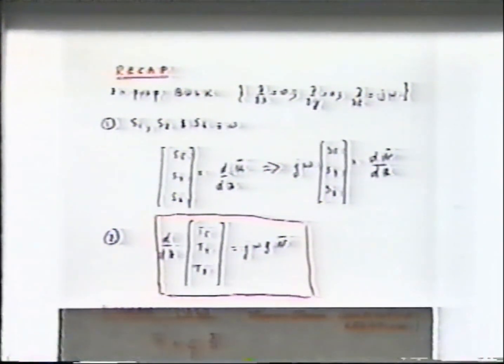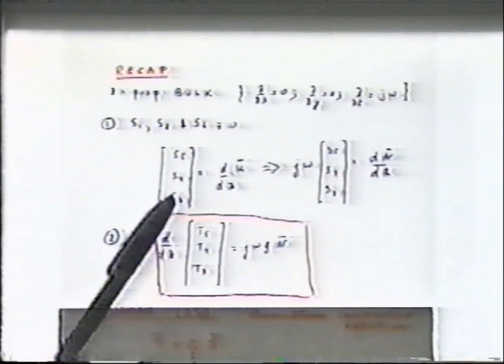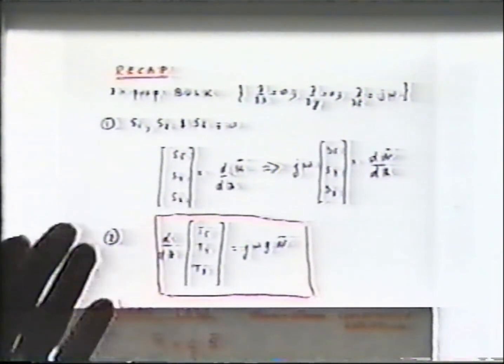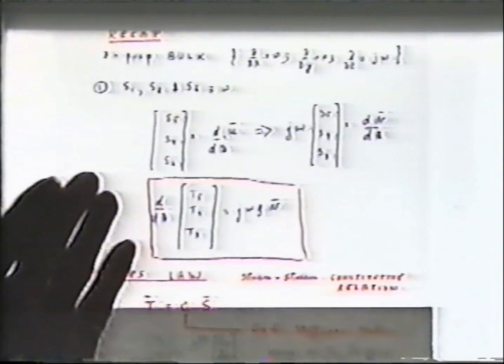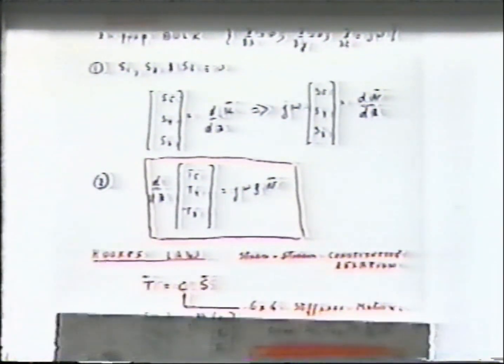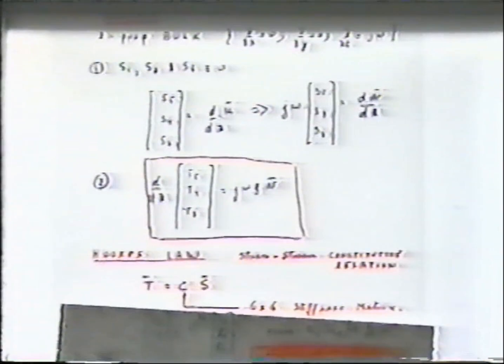So we've got to get rid of something, and this is where the constitutive equation comes in, the equation of elasticity, which gives us a relationship between the strains and the stresses. This is also known as Hooke's law, and the relationship between the 6 stresses and the 6 strains is through a 6 by 6 matrix, which is called the stiffness matrix. Its elements are elastic moduli.